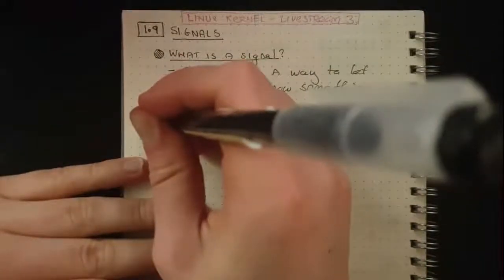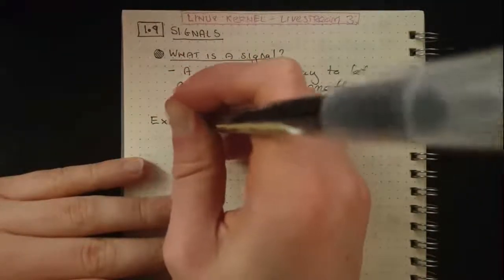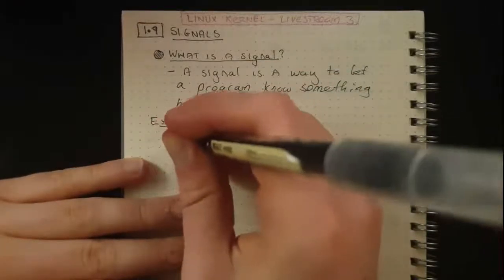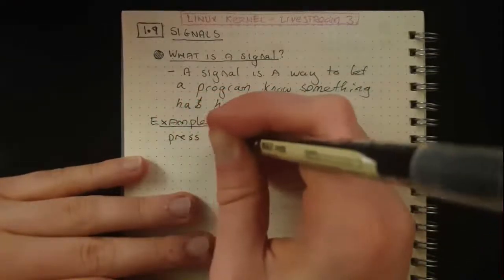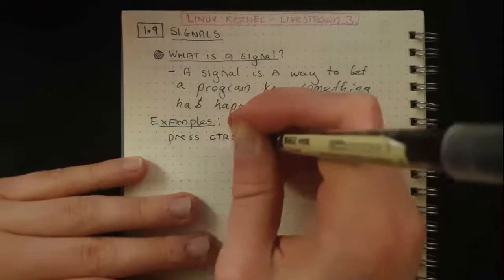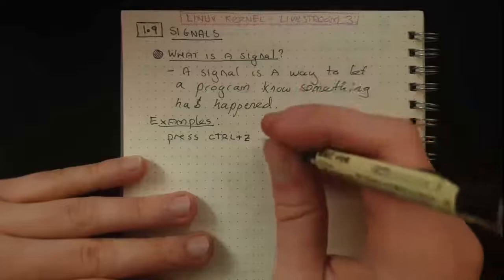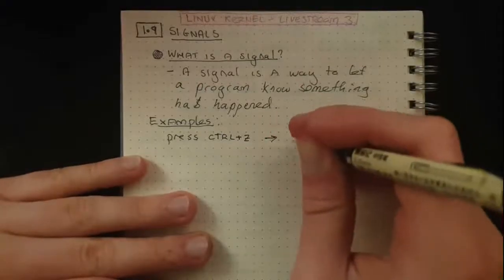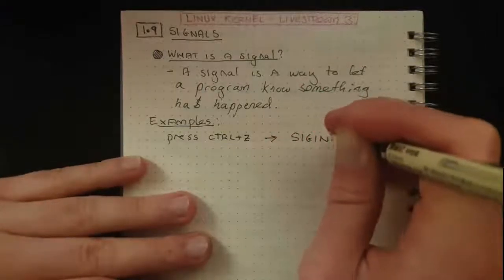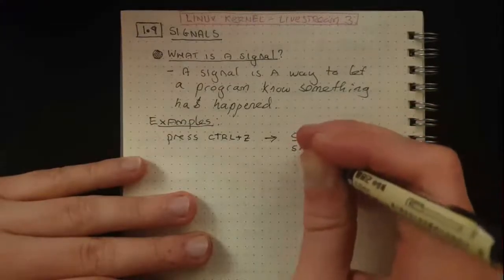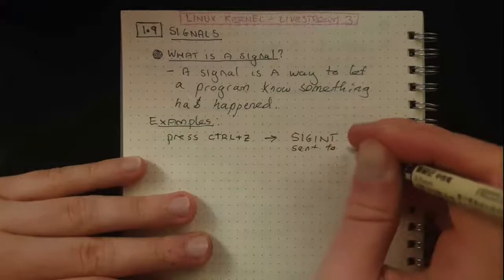And an example: press Ctrl C, a SIGINT signal is sent to the program.